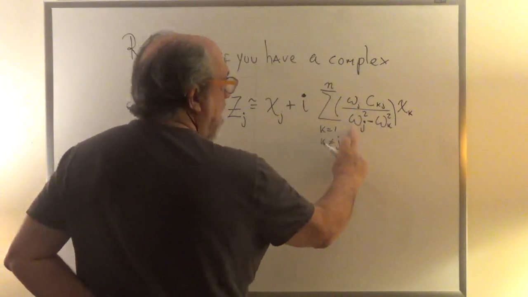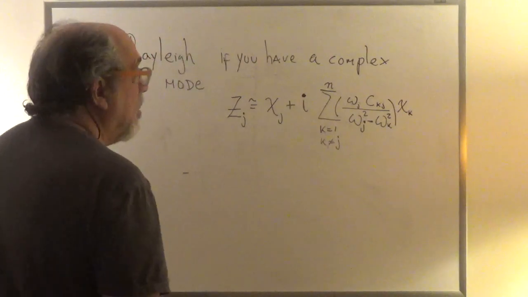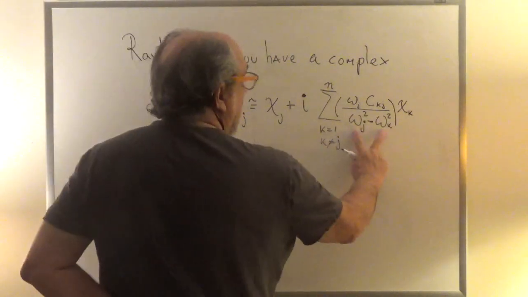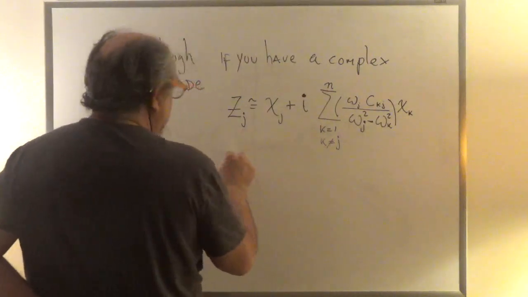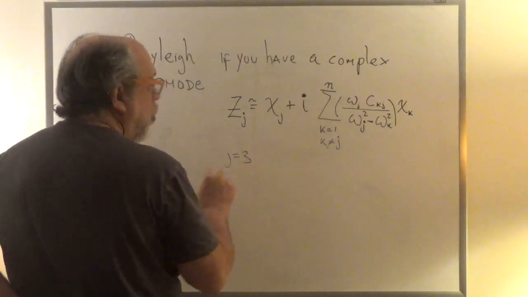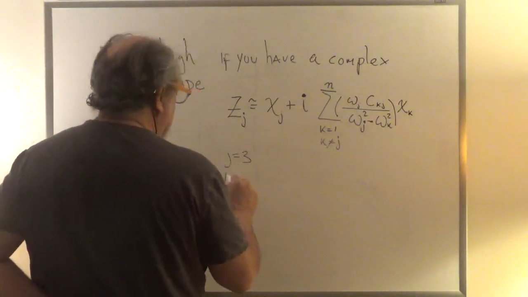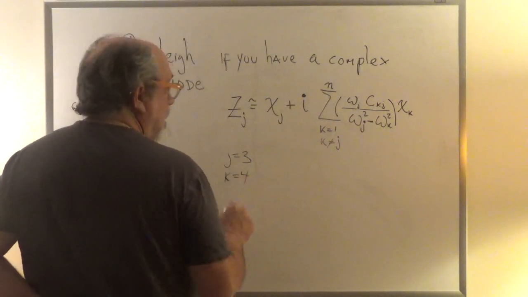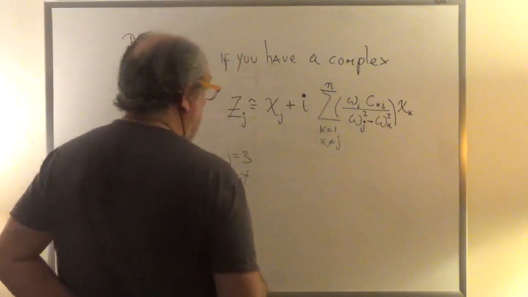Because you see you have omega j squared minus omega k squared, right? So let's say that j is equal to 3, so you're looking at the third mode, and then we're looking at k being 4. So this is omega 3 squared minus omega 4 squared.